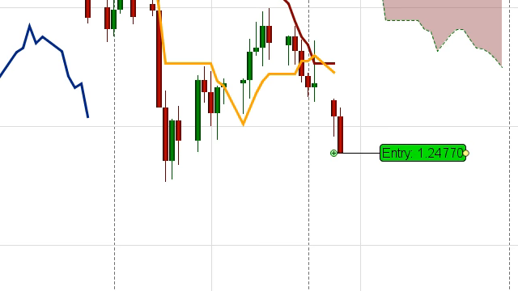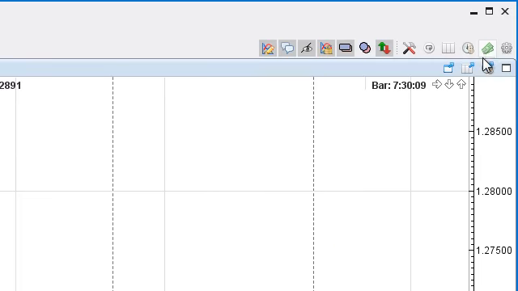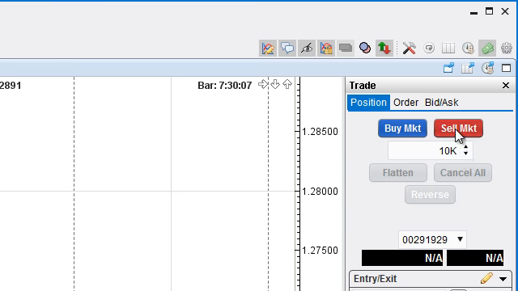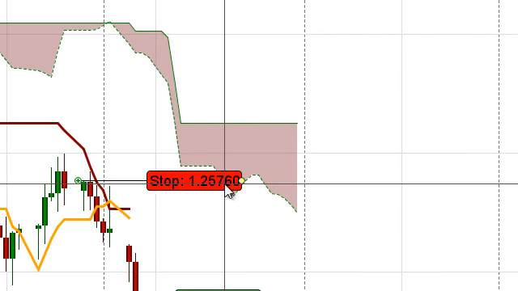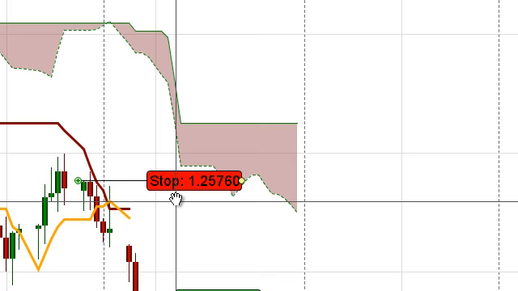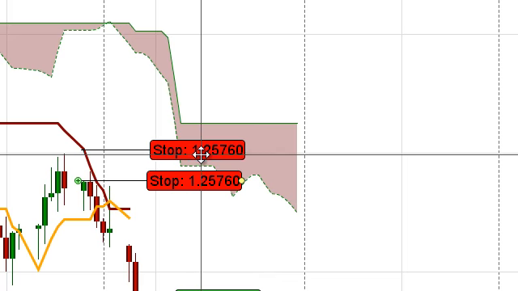Take a trade right now. Just take a short sell. We're happy with that. Let's just double check. Chikou is way below its candle. If we're going to put a stop, let's put a stop around here. We can even put a stop around here.